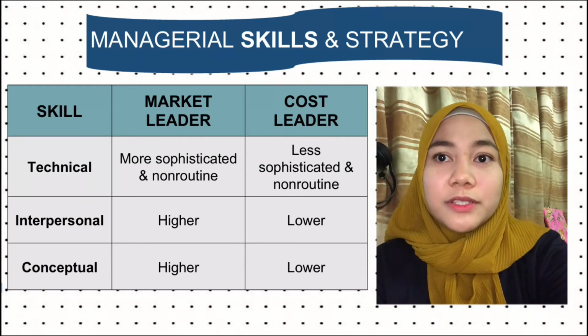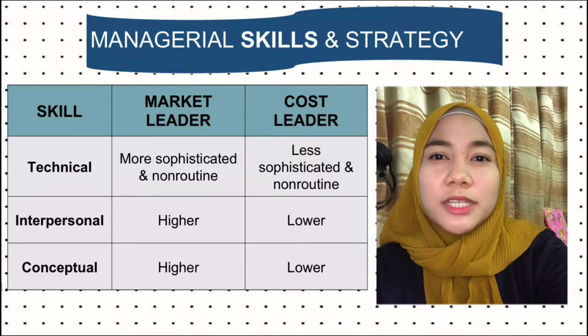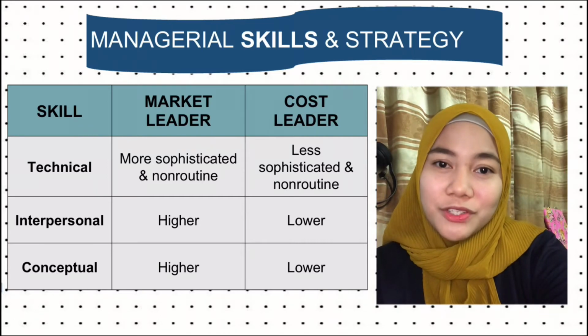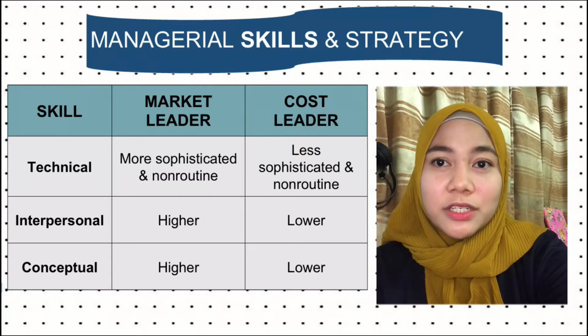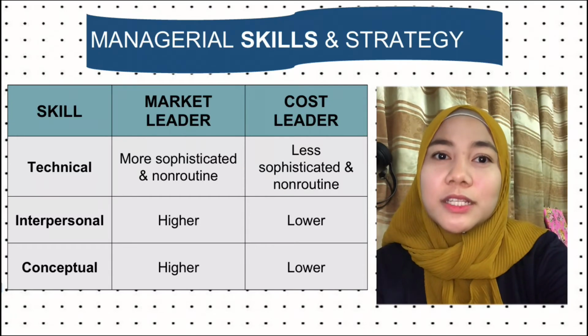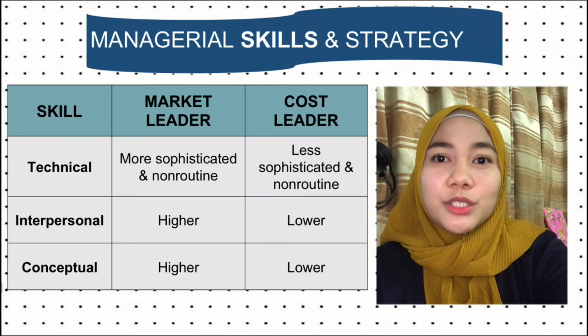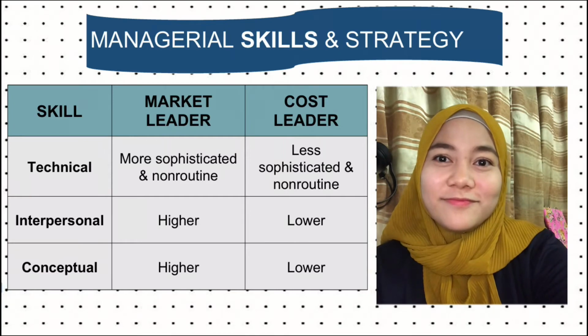This characterization reflects a relative difference in the two types of organization and should not be construed in all or none fashion. Effectiveness-wise, these human skills generally differentiate between successful and unsuccessful managers. But logic suggests this is more likely in market leader organizations.